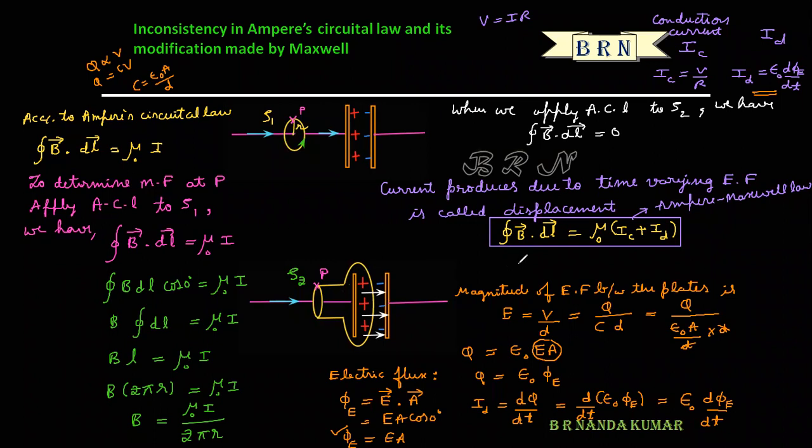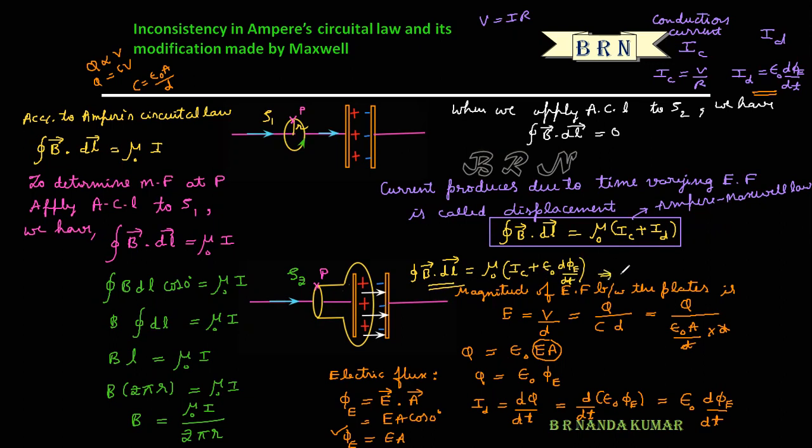That means integration of B vector dot dl vector is equal to mu naught of IC plus ID, where ID is epsilon naught d phi E divided by dt. This is the mathematical expression.